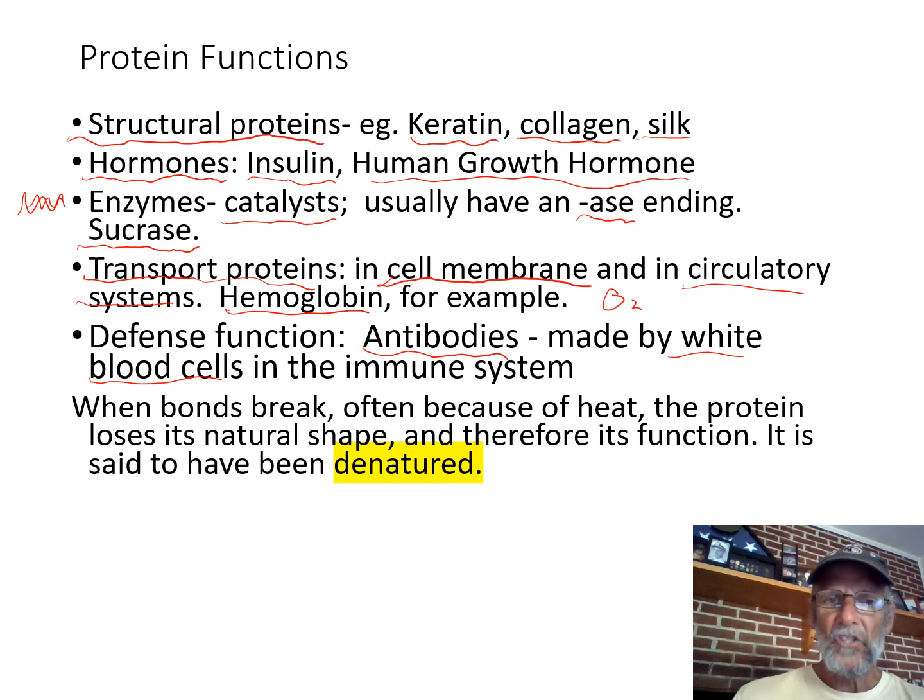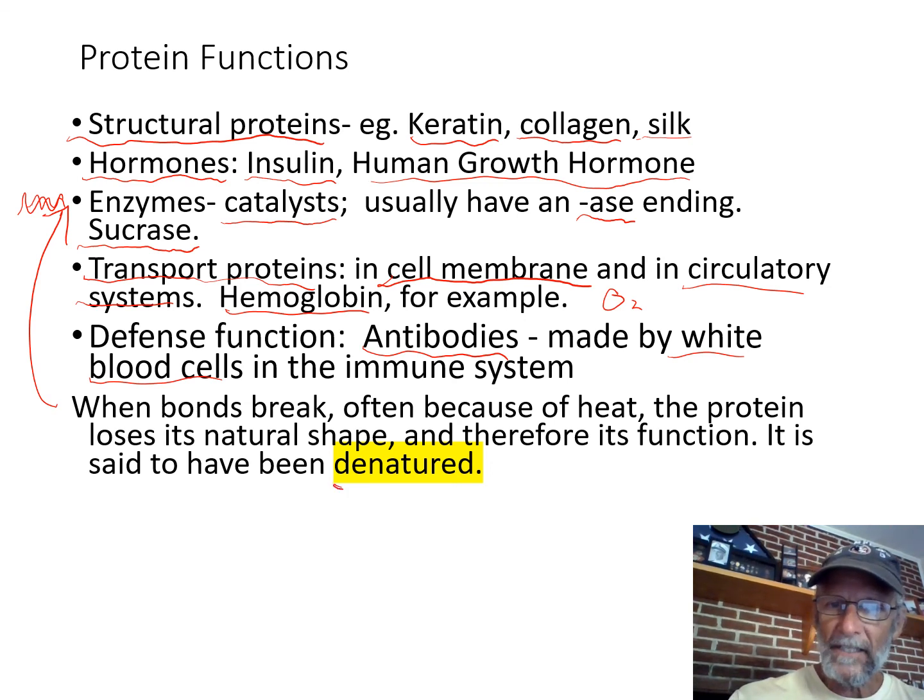Okay, so like I said before, the function of any kind of molecule has to do with its structure. A lot of its structure includes its shape, also where it might have some positive and negative charges, right? But here, especially when we get back to enzymes, we are going to see what happens if a molecule loses its shape, its natural working shape.